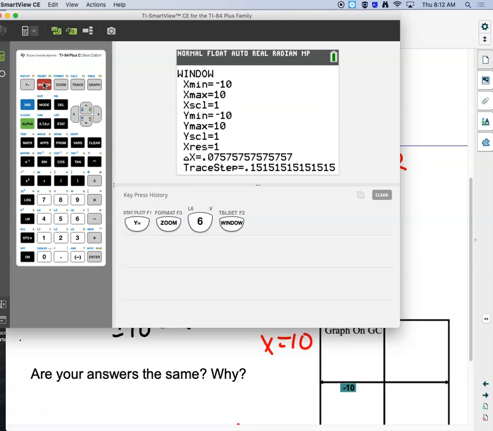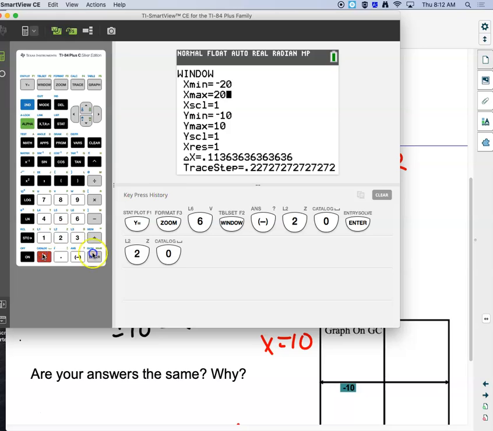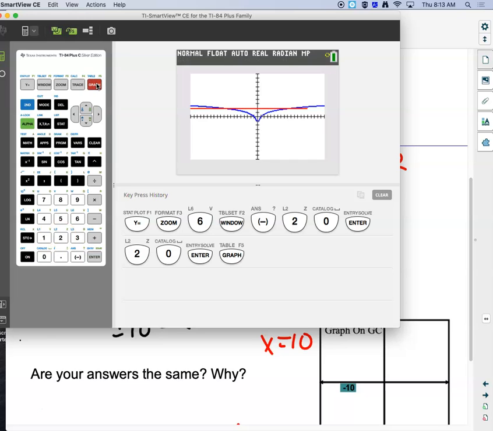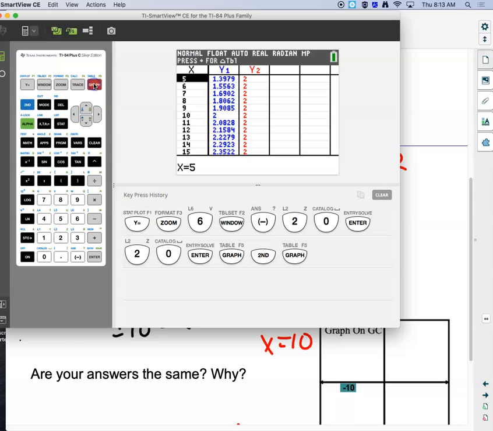So I'm going to change my window so I can get a little better look at those solutions, make it a little bigger. And it does have two solutions. Our y equals 2 is hitting that graph in two spots. And we're not going to be shocked to see that those two spots are at negative 10 and positive 10.